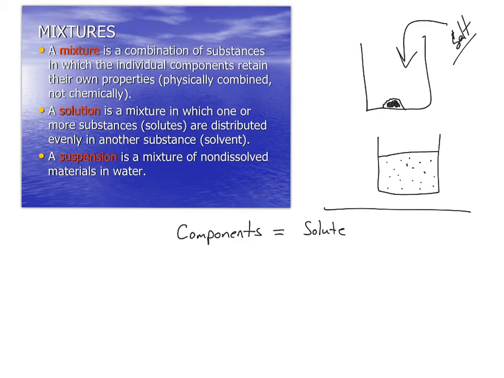And the solvent. The solvent is the thing that is doing the mixing, and there's usually more of the solvent than there is of the solute. The solute is distributed within the solvent.